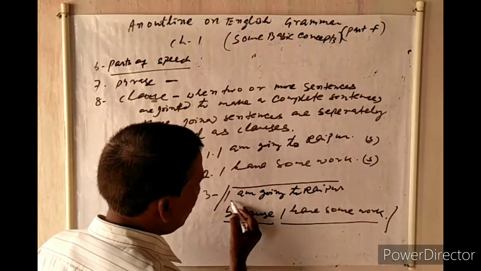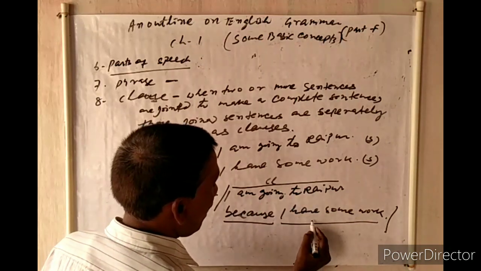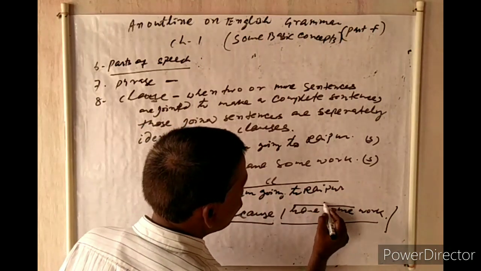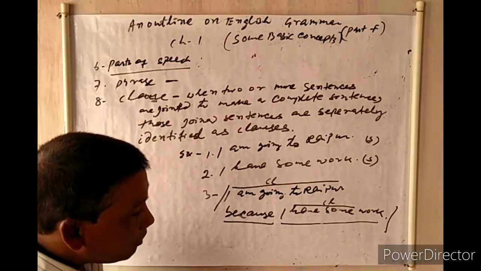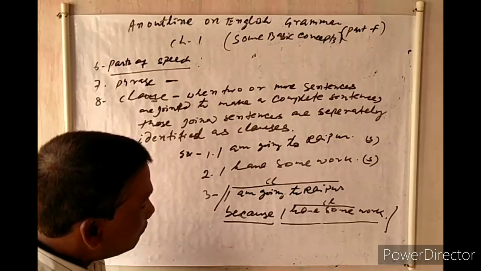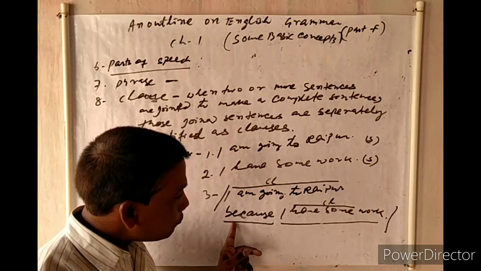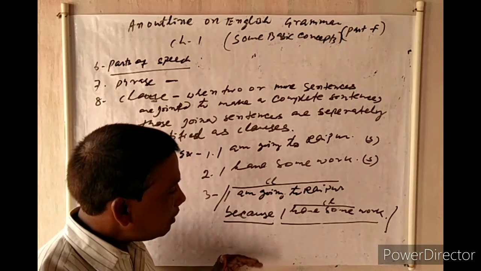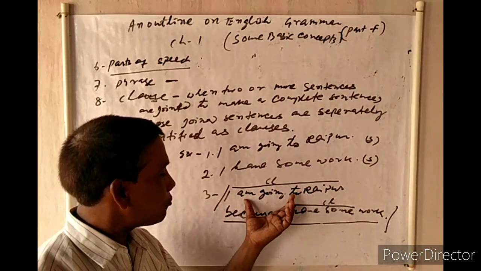Suppose I have identified this as a clause and this portion as a clause. Another problem might occur: whether the word because is part of this clause or this clause.